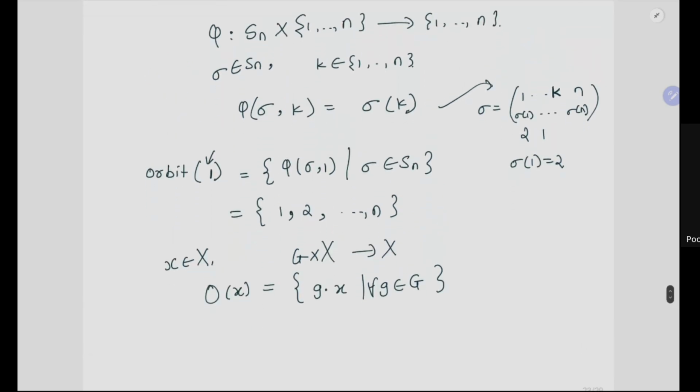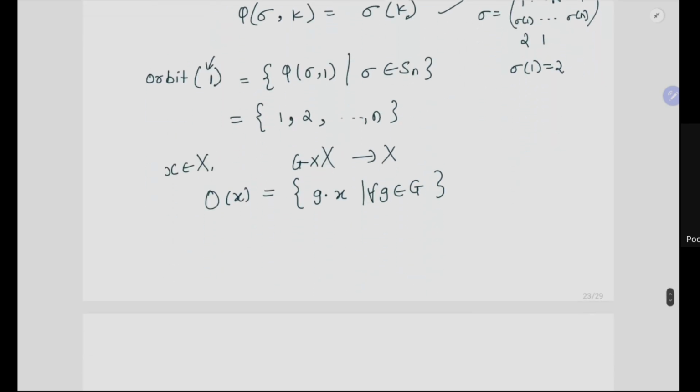Yes, we can find the orbit of 2. Orbit of 2 is where this sigma is sending 2, where sigma is in Sn.